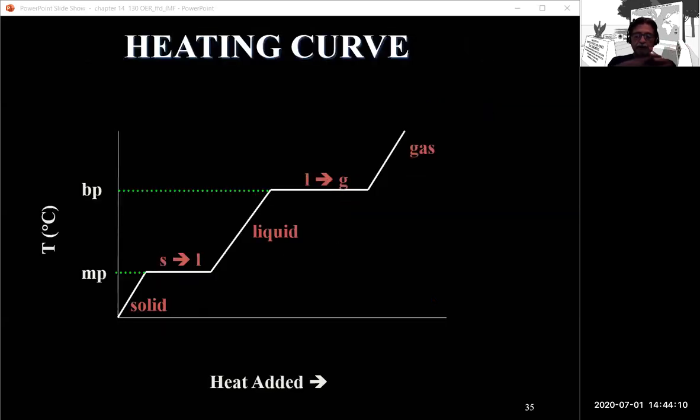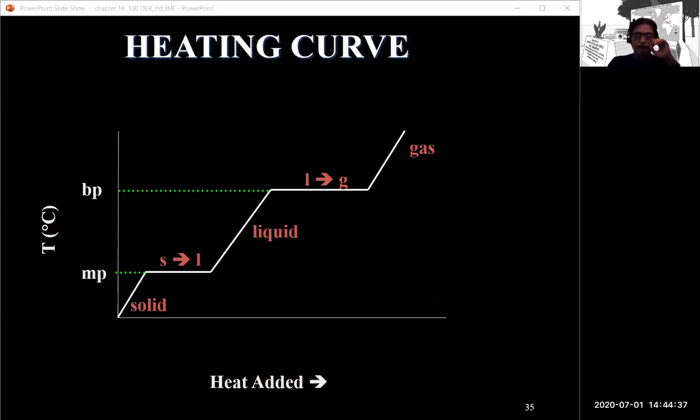Okay. And this again is basically what I just wrote here earlier with my arrows, but you can see at the plateau, you have a mixture of solid and liquid. That's where the solid is going all to liquid. And then you get a rise in temperature until you hit the second plateau. And at that point, the liquid is being converted to gas. And then eventually you get a second rise. Okay.